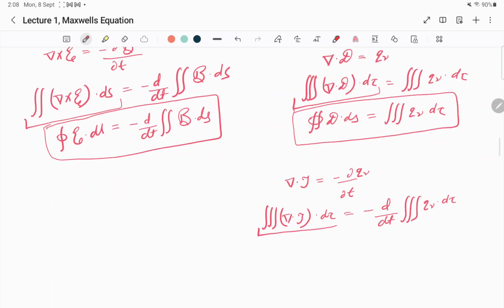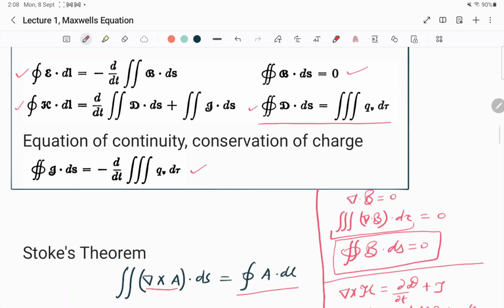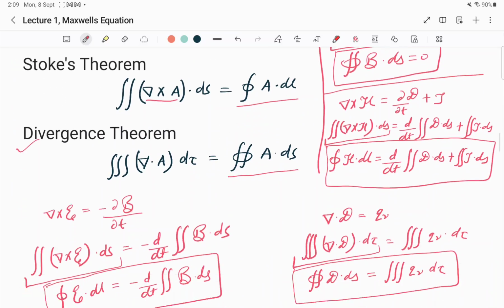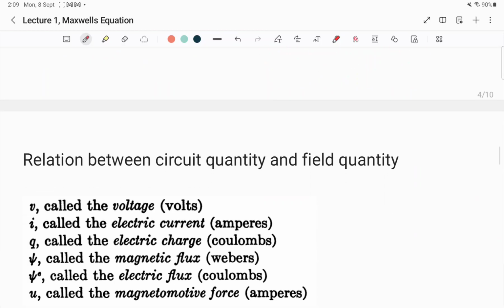So you apply divergence theorem on the left side. You get closed surface integration of J dot ds is equal to minus d by dt triple volume integration of QV d tau. This is written as equation of continuity in the integral form. Okay, all right.